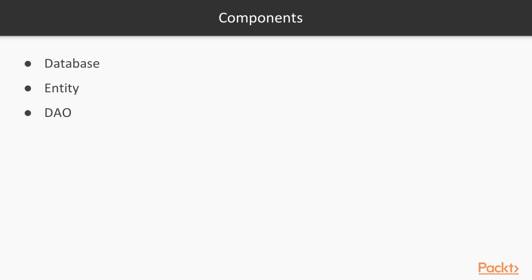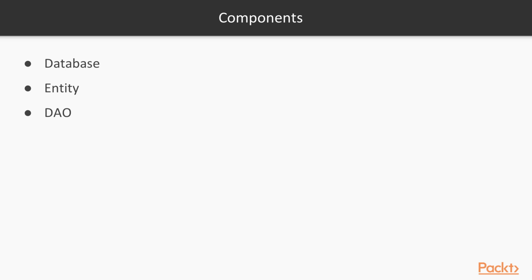So next, entity. Entity represents data for a single table row constructed using an annotated Java data object. Each entity is presented into its own table. DAO, data access object, defines the methods that access the database using annotations to bind SQL to each method.